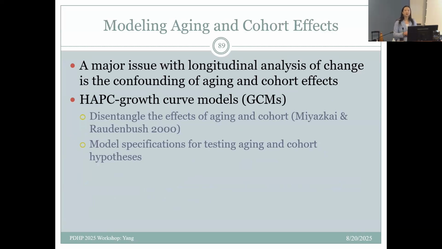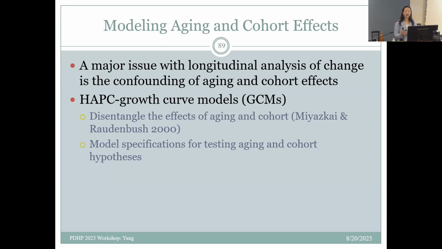The reason why empirical studies have given inconsistent or mixed evidence has to do with a major issue with longitudinal analysis of change, and that is the confounding of aging and cohort effects. I will then talk about the models that help to address that, called HAPC growth curve models.